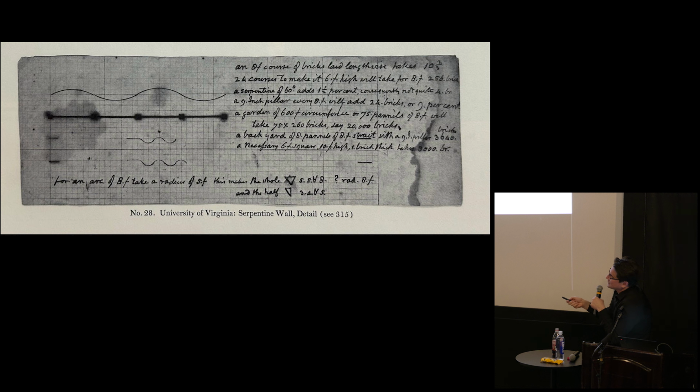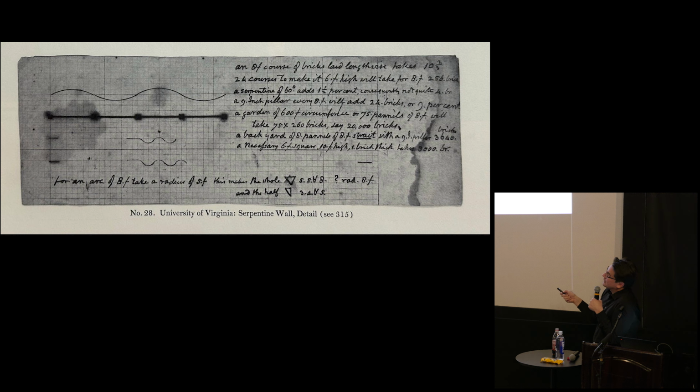So this is the serpentine wall at UVA. Right? This is the kind of undulating wall. Maybe you know about it. Maybe you studied it in history class. I teach it in my class. I teach that Thomas Jefferson, this is his handwriting, his notes, he was trying to build a wall. And he said, if I build a straight wall with these vertical piers to stabilize it, I'm going to have so many bricks. Right?